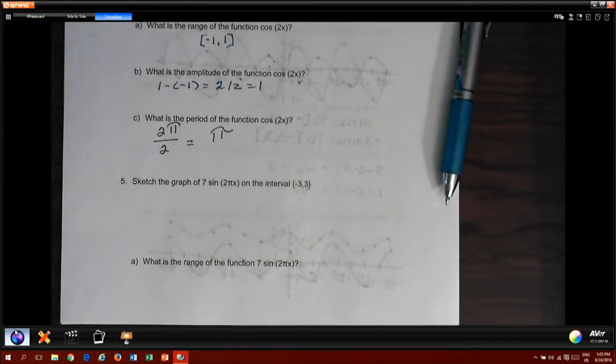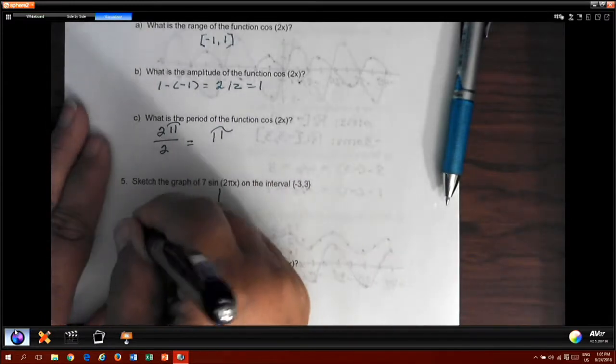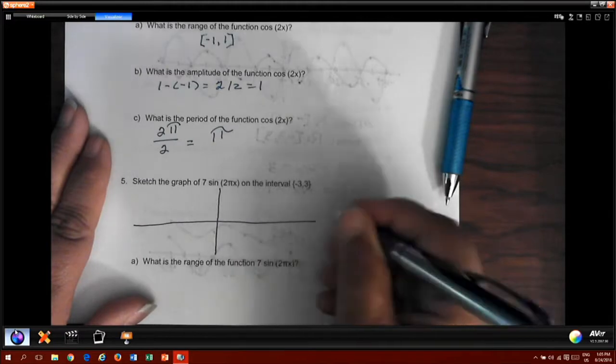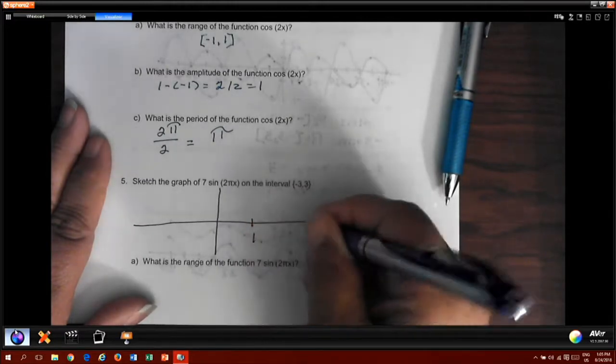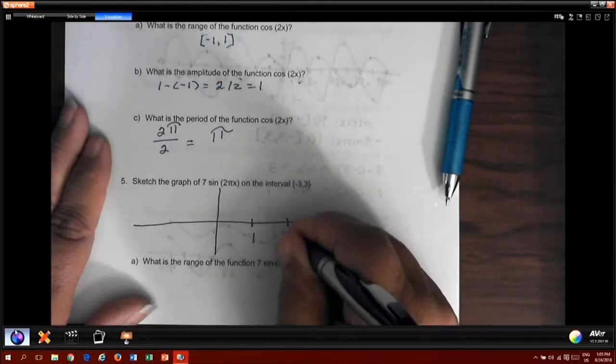So now we want to do the 7 sine of 2 pi x. But this is going to be a little different because we're now going from -7 to 7.